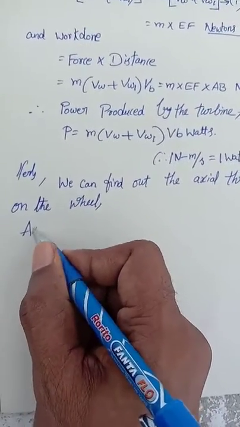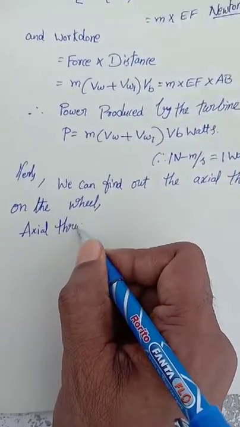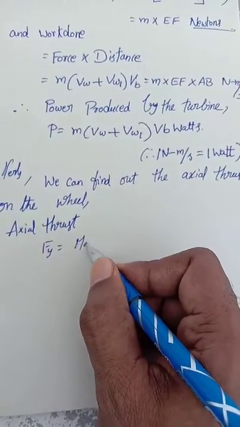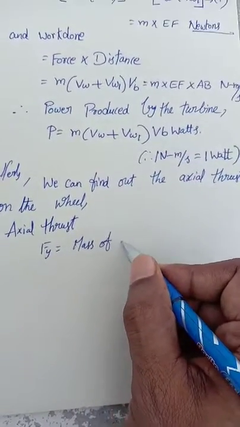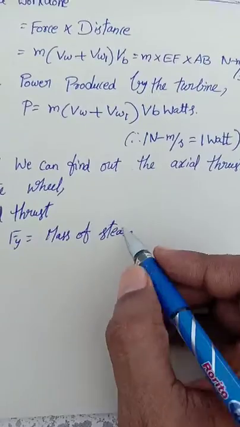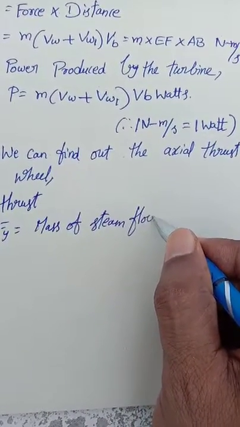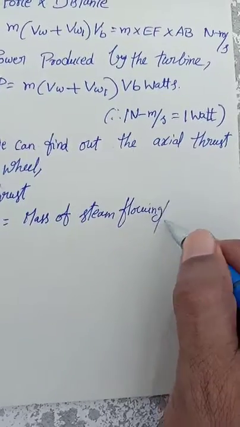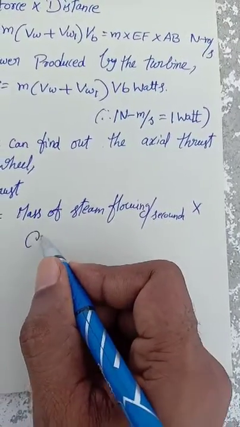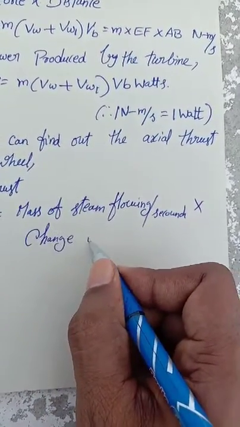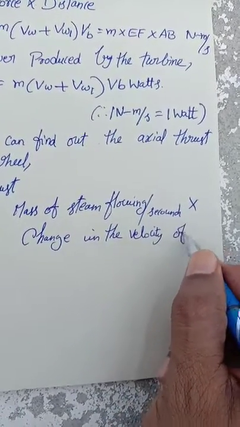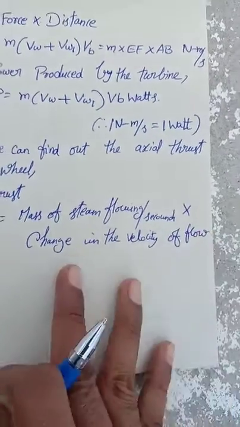Mathematically, axial thrust Fy is equal to mass of steam flowing per second into change in the velocity of flow.